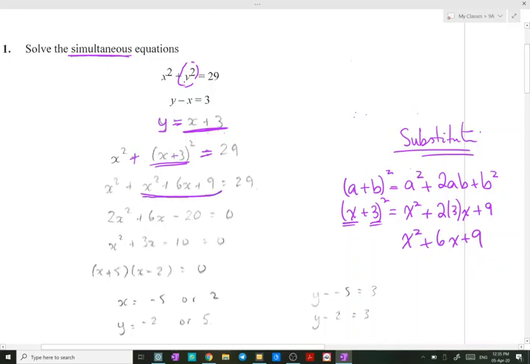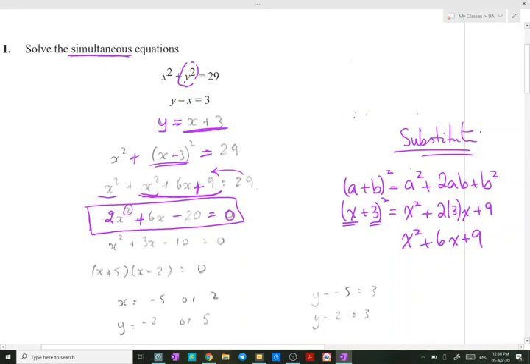Now we have to solve for x. Combining x squared and x squared, you get 2x squared plus 6x, and you take the 29 to the other side, so it becomes minus 29 plus 9, it's minus 20. Now you've got an equation which is quadratic, which means of degree 2 for x.